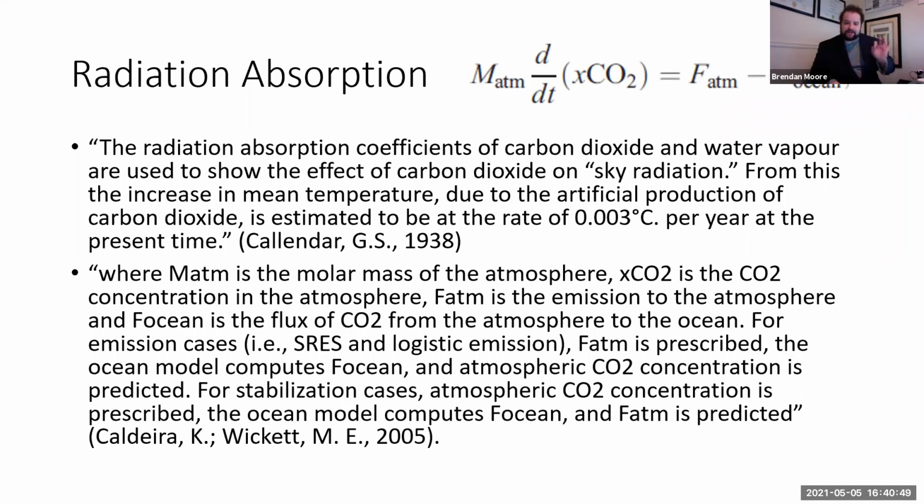I want to talk about radiation absorption for a moment. And this is basically used to show the effects. To summarize this, it's estimated that there's an increase in the mean temperature over time. And there's a bit more discussion in the actual paper on the atmosphere and how that can be calculated and how that flux is used.